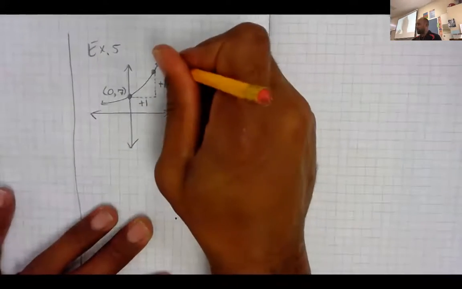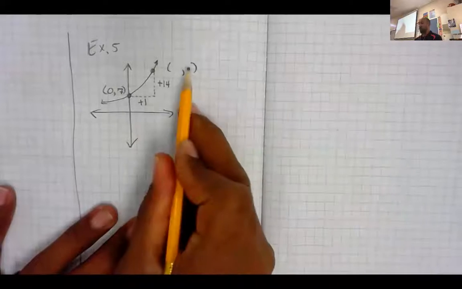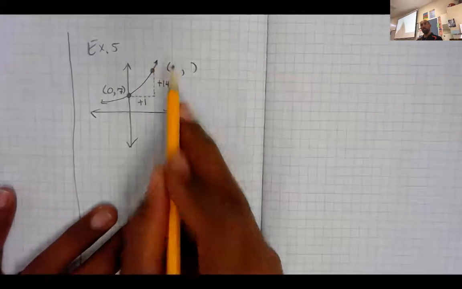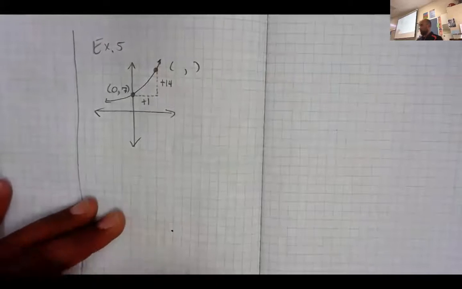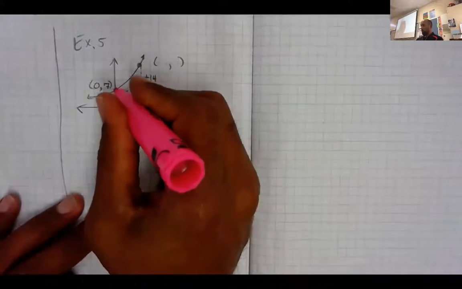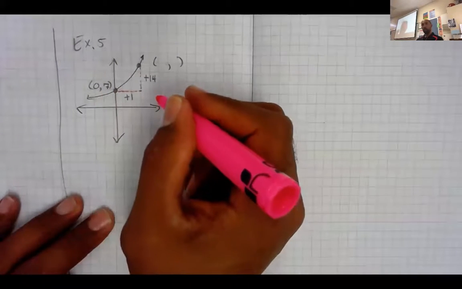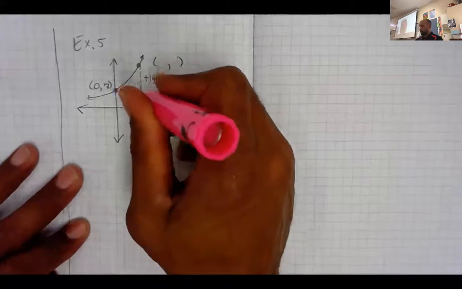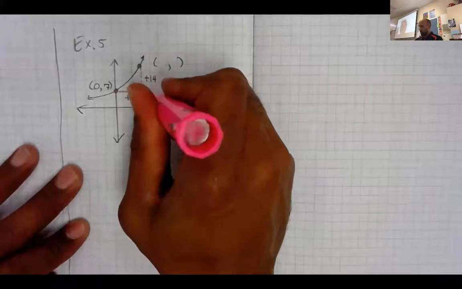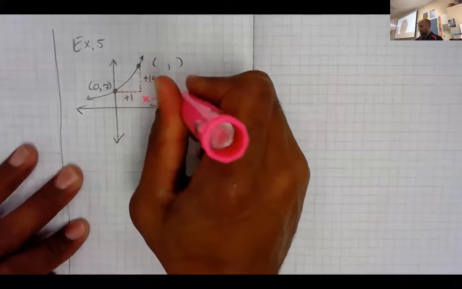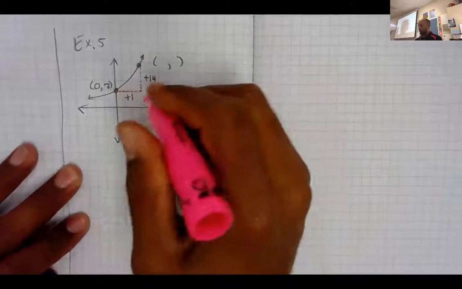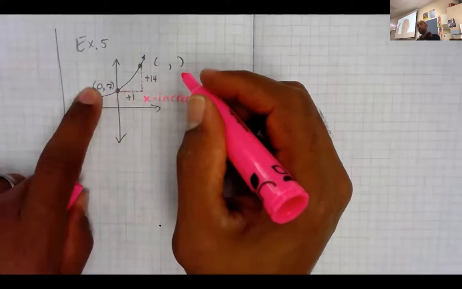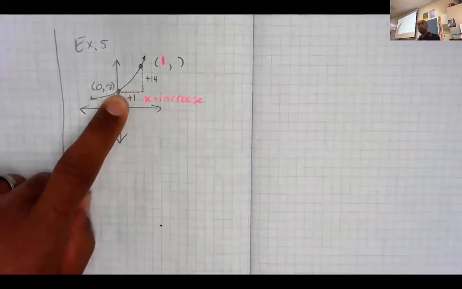All right, and it's going to ask you, what is that point now? If I go over to the right 1 and then up 14, what is the new point? I want you to think about that. If I go to the right 1, that means X is increasing. We're adding to X. So this is the X increase, and I'm adding 1 to the X of that point, which is 0, so that's just 1.